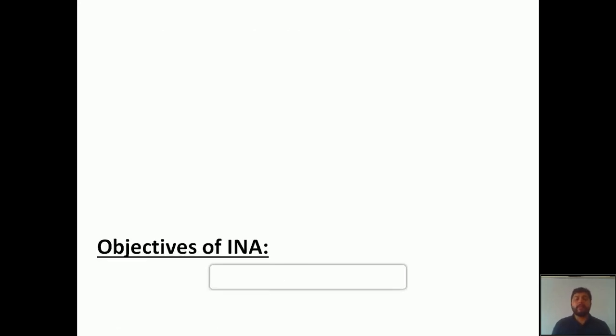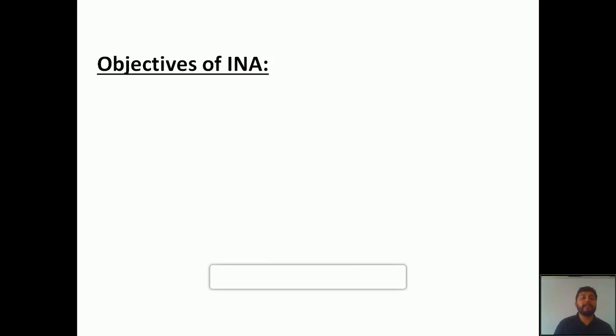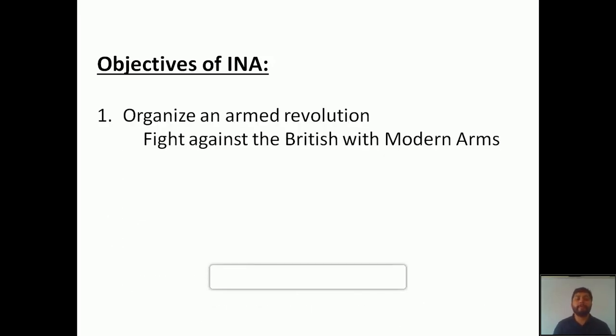Now let's move to the third part of this class, that is objectives of Indian National Army. So the first main objective of the Indian National Army was to organize an armed revolution. We have already seen that the idea, the concept, the beliefs of Subhas Chandra Bose were something really different from the leaders of our Indian National Congress.